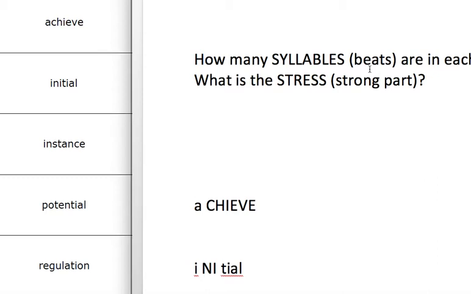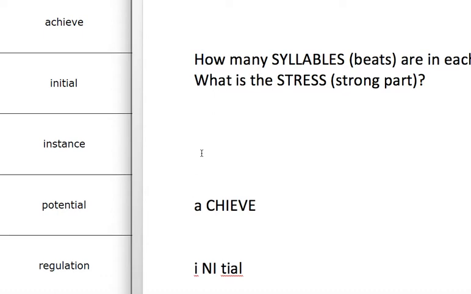How about the third word? Read that word to yourself. Instance. So try not to get confused with all the sounds. Inst and s, lots of sounds. But how many jaw movements? How many movements in your cheeks?